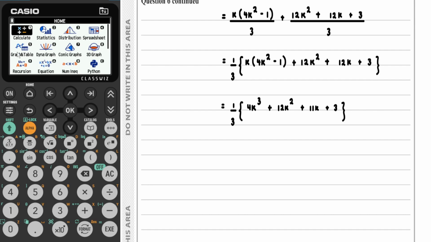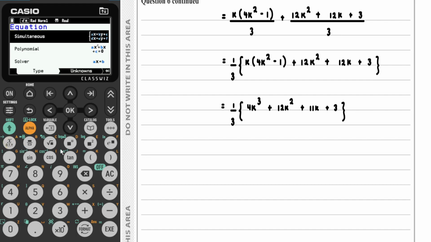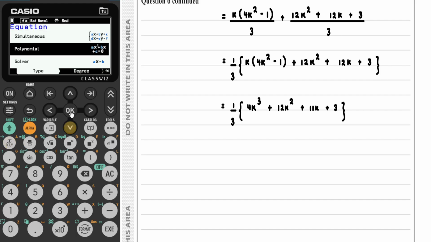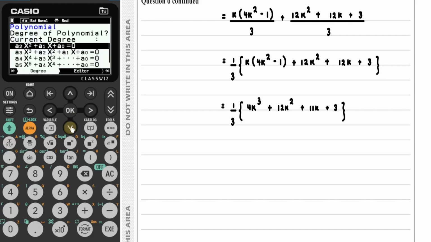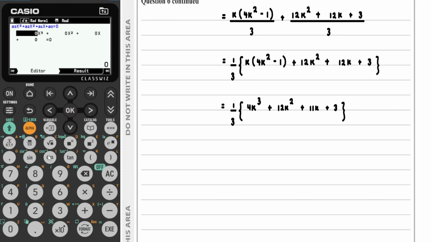From our calculator, let's go to the equation solver. We have a polynomial of degree 3. We've got 4k cubed plus 12k squared plus 11k plus 3 equals 0.